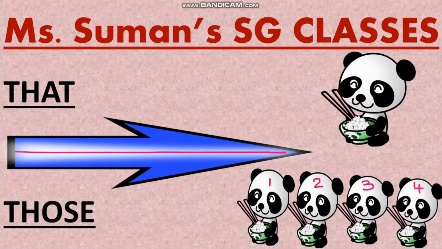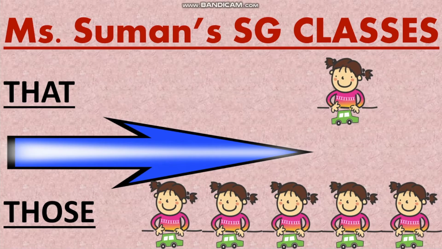And the arrow shows they are far away. Those bears look dangerous. Those bears look hungry. Oh my God. But now we know that the big arrow means far away. That is used for one, and those are used for more than one.